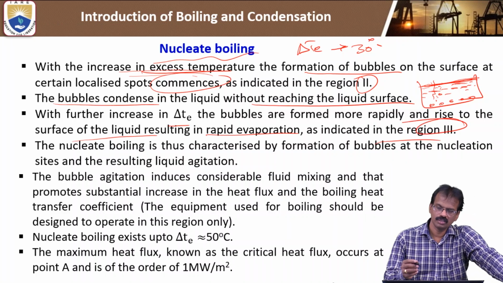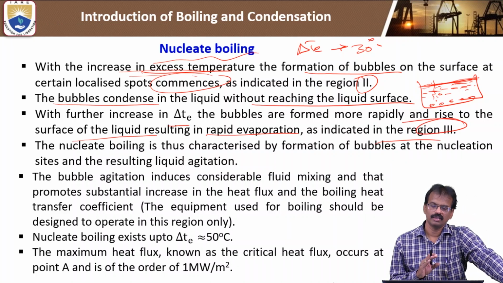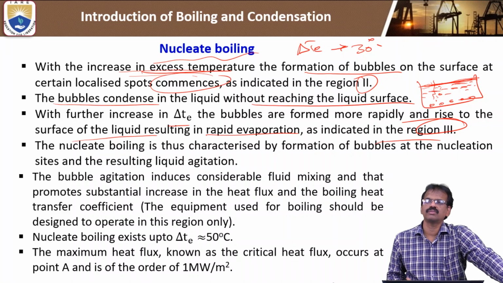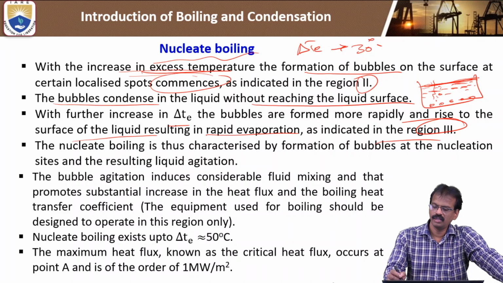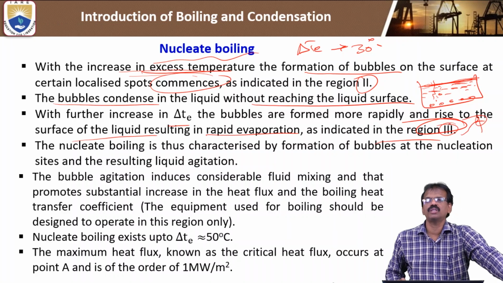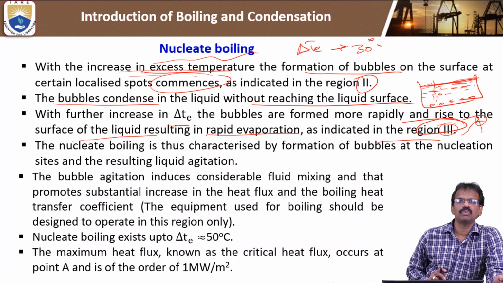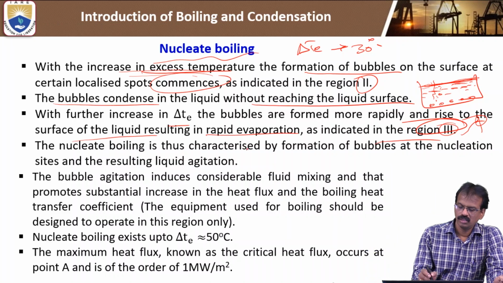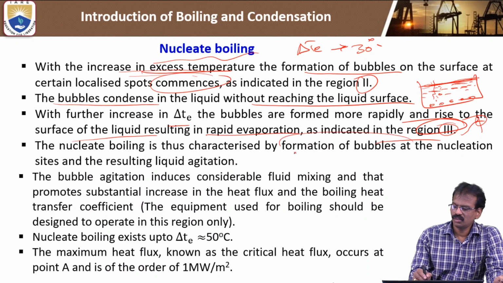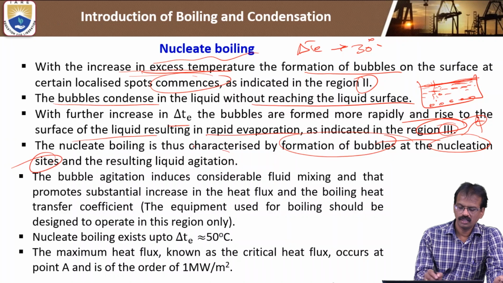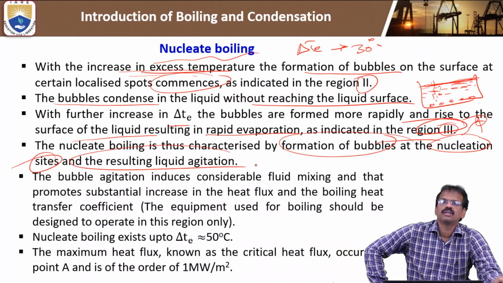Up to region 3 you will see a gradual increase of heat flux. At the end of region 3 you will see the maximum peak level of heat flux. That point is nothing but the critical heat flux. Nucleate boiling is thus characterized by formation of bubbles at the nucleation sites and resulting liquid agitation.